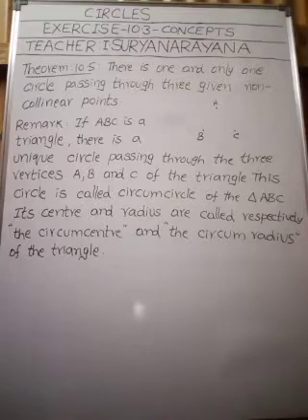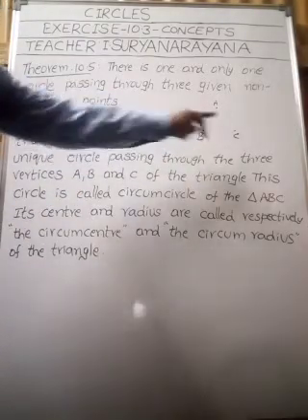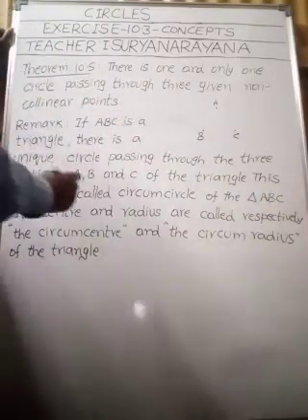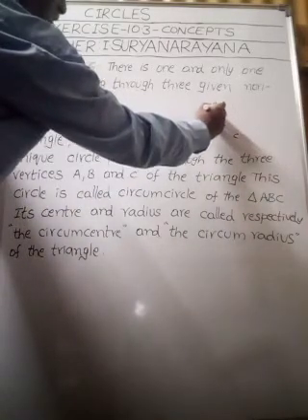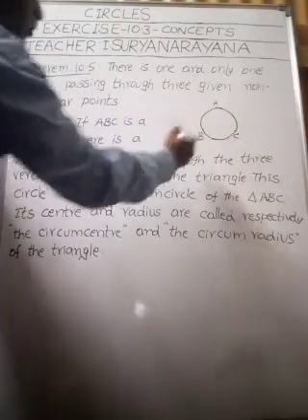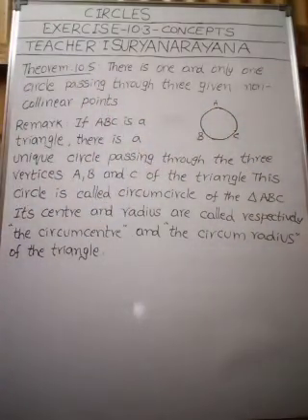Do you know what is meant by non-collinear points? The three points are not lying on the same line. Then there is one and only one circle passing through the three points.